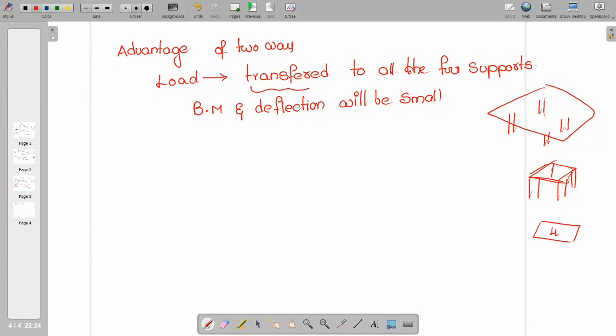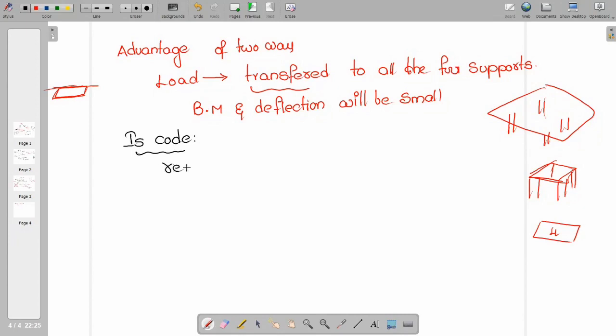Now see sunshades. Suppose this is a portico, you'll have one span like this lintel, and those will be one-way slab. Now see students, according to the IS code, different moments are given.